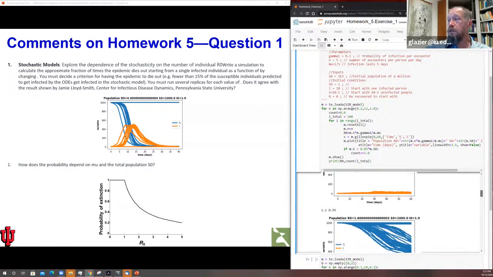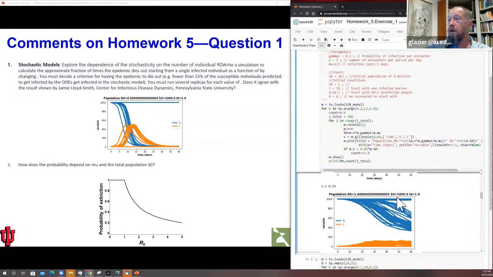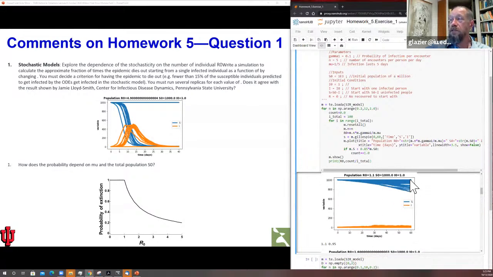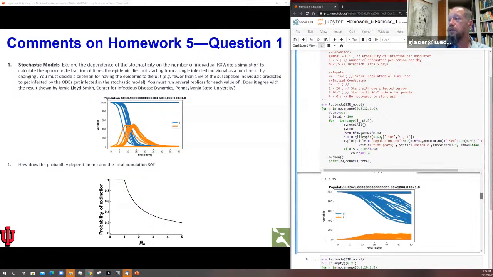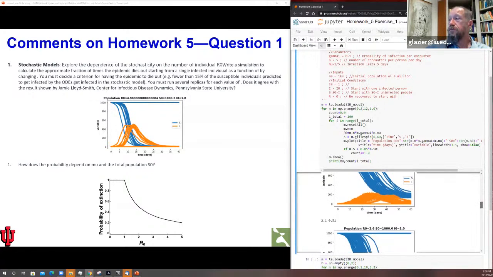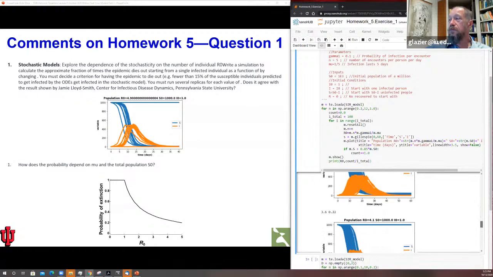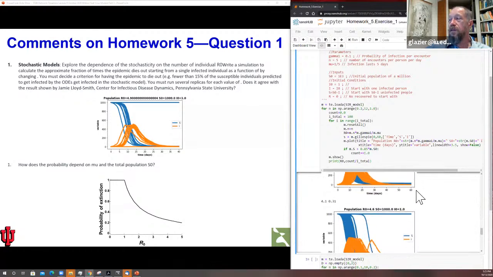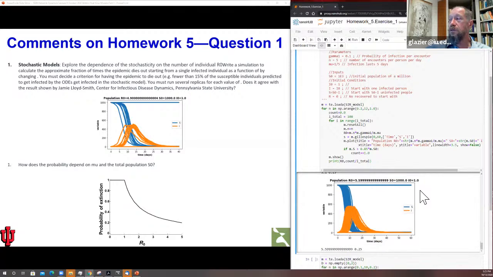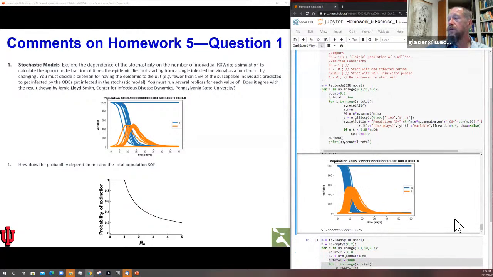We could make our constraints a little bit clearer. 1.6, it's very clear. Either you fail or you don't. In this one, it's a bit harder to make out. And as R naught keeps going up, we still see there always are some failures, even if R naught is quite large. All right.